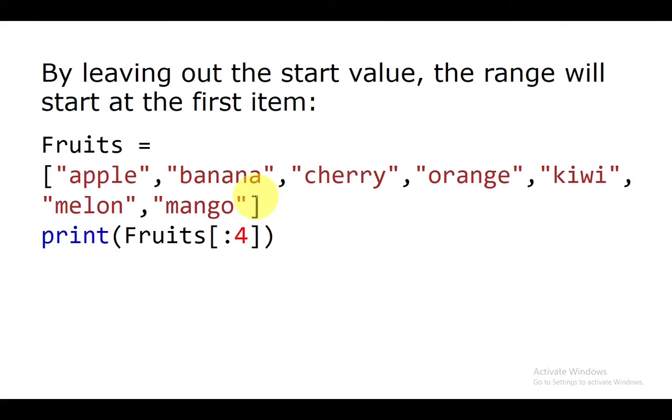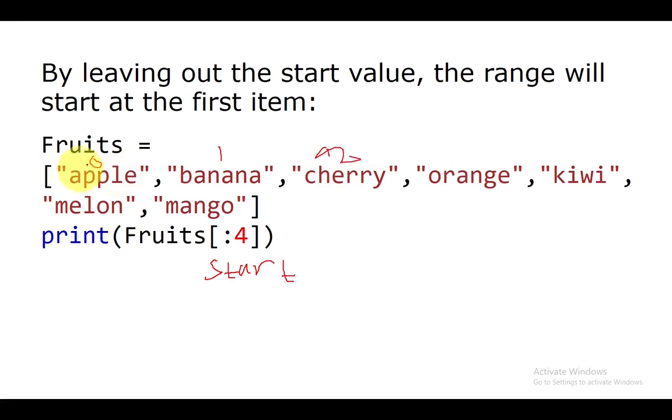By leaving out the start value, the range will start at the first item. So right here, we don't have the start value. The start value was not put into it, so automatically Python will start from apple, banana, and cherry.